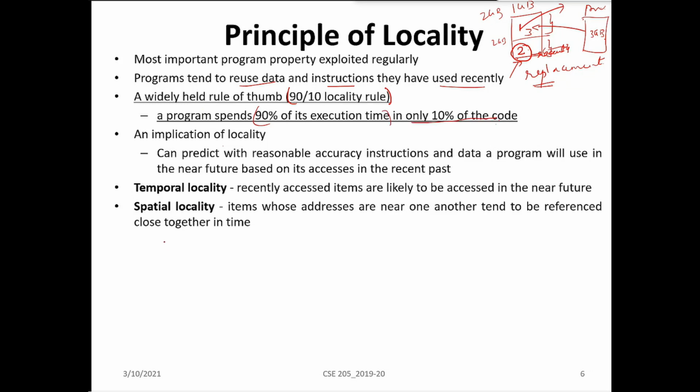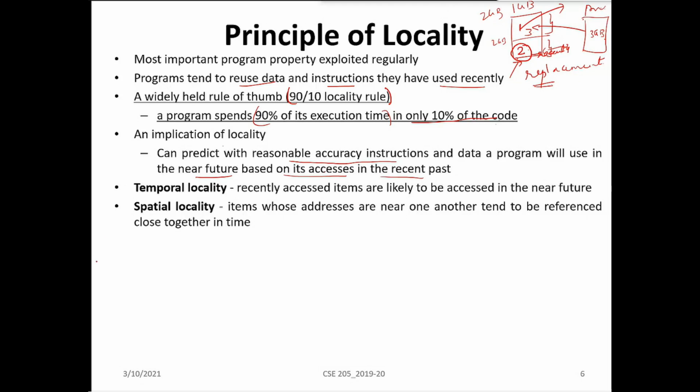So with locality, we can predict with reasonable accuracy the instructions and data a program will use in the near future, based on accesses in the recent past. If we are going to remove any instruction or data, we decide based on the access in the past.